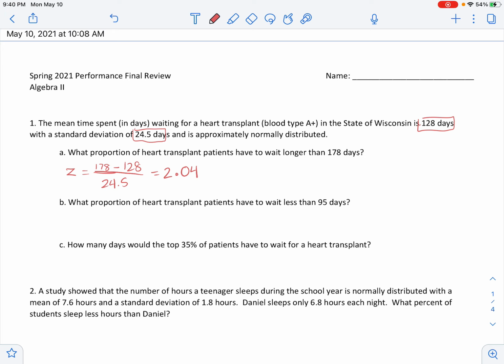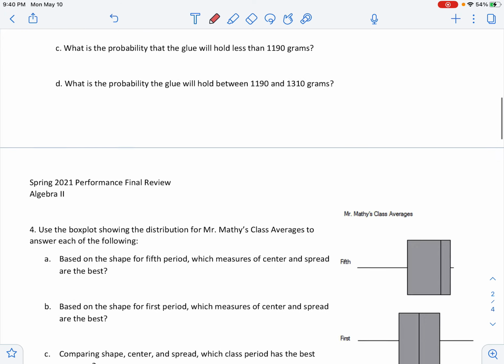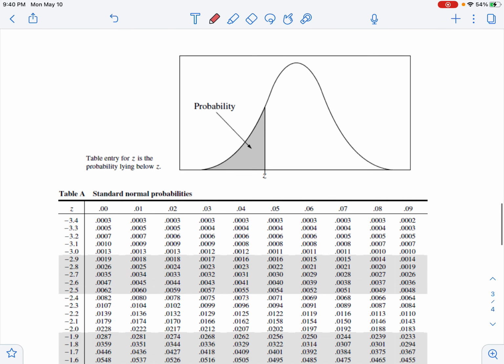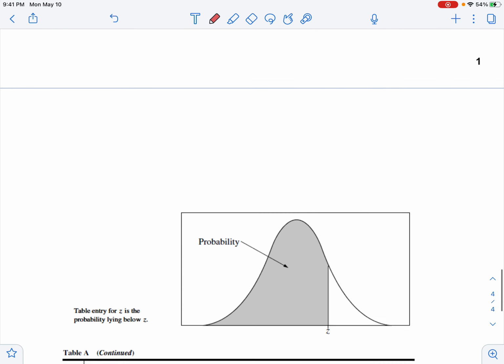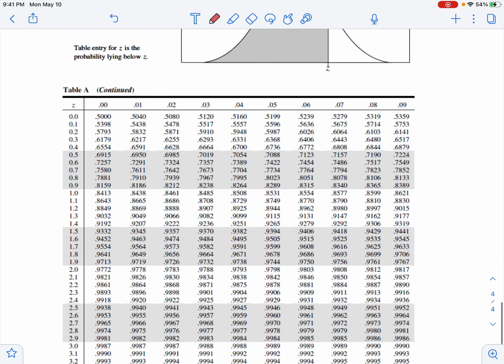All right, so now I need to find the z-table for 2.04, and I actually have it below here. I'm going to go to the positive z-table because my z-score was positive, and I am looking for 2.04. So I'm going to start with the 2.0. I'm going down until I find 2.0. Here it is.